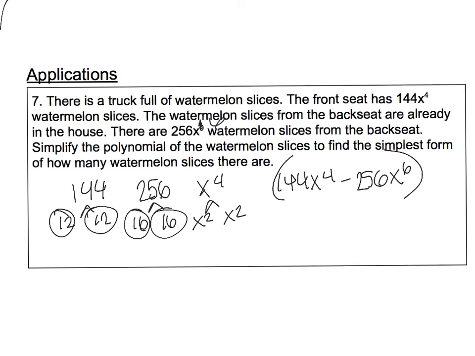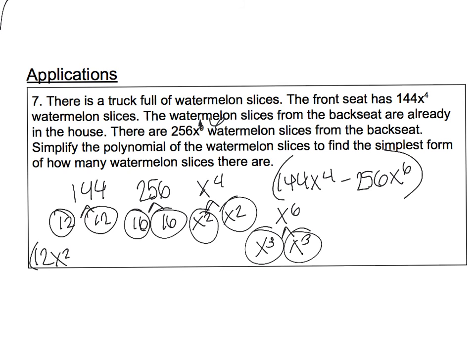So, x to the 4th goes to x squared, because x squared times x squared is x to the 4th, because you add the exponents. Now that you know how to do x to the 4th, you can do x to the 6th, which is x to the 3rd and x to the 3rd, because remember, you add together the exponents. Now, as we approach our last few steps, you're going to want to put it all together.